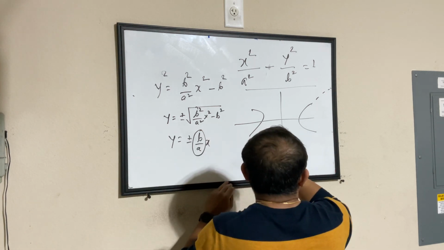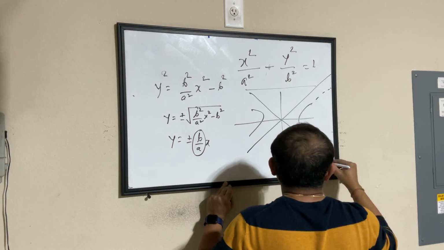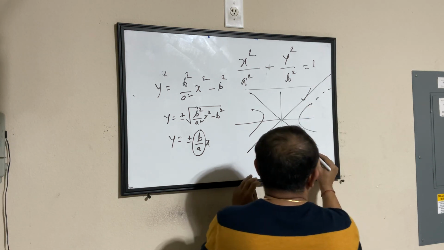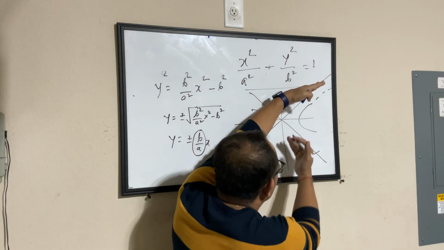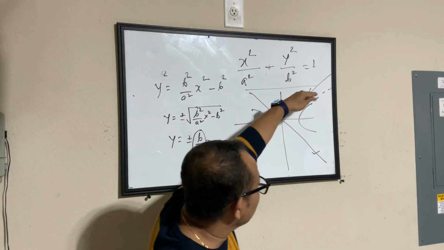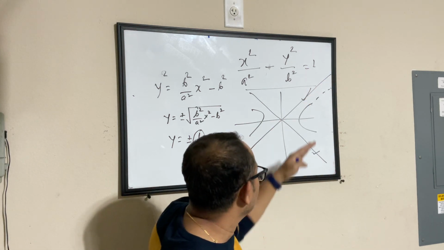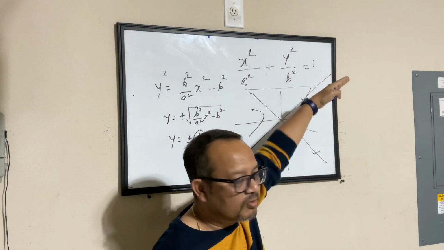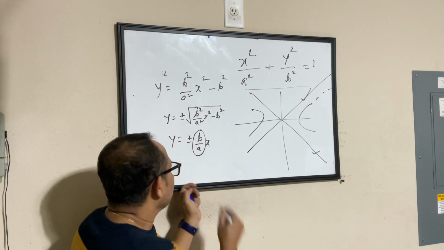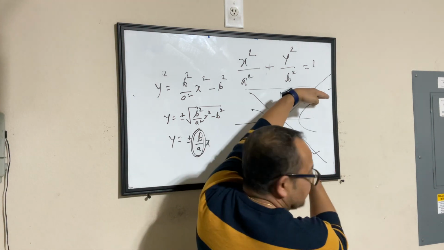These are called your asymptote for this hyperbola, which defines the boundary that even for the highest possible value of x, my slope, or the rate of change of y against x, is going to be defined within this boundary.